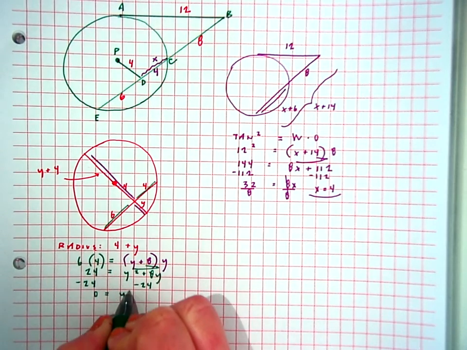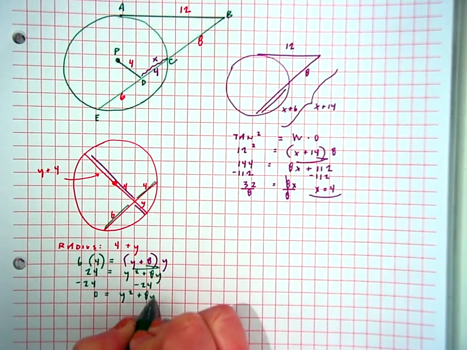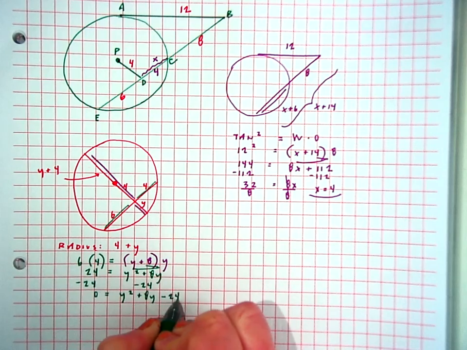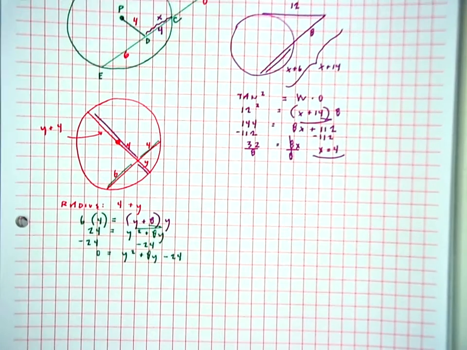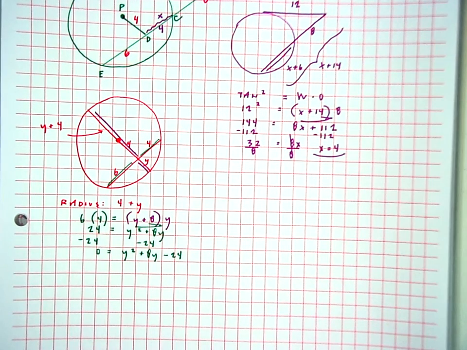So 0 equals y squared plus 8y minus 24. Okay, so here I run through my options. Can I solve by taking the square root? No, can't solve by taking the square root. Can I solve by factoring? Can I think of two numbers that multiply to a negative 24 that add to 8? No, I can't. Okay, so my choices here are quadratic formula or solving by completing the square.